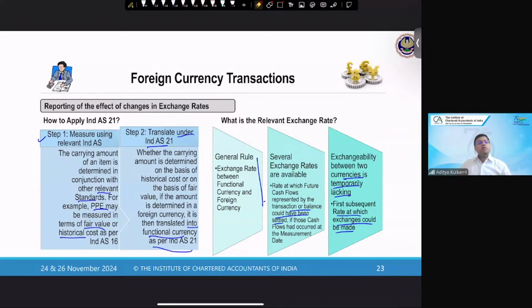This one: the exchange rate between functional currency and foreign currency. This is the exchange rate. See, USD INR: what will be the exchange rate? The rate at which I can easily exchange my currency. So that is the first one. Okay, directly what is available.